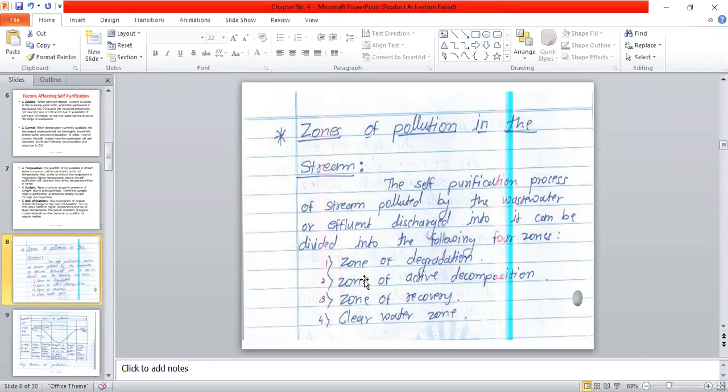Zone of degradation first, zone of active decomposition second, zone of recovery third, and clear water zone fourth. Hope you have finished. I will go to the next slide. May I?